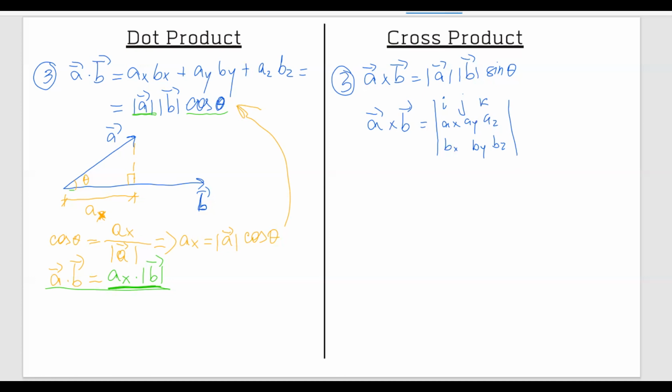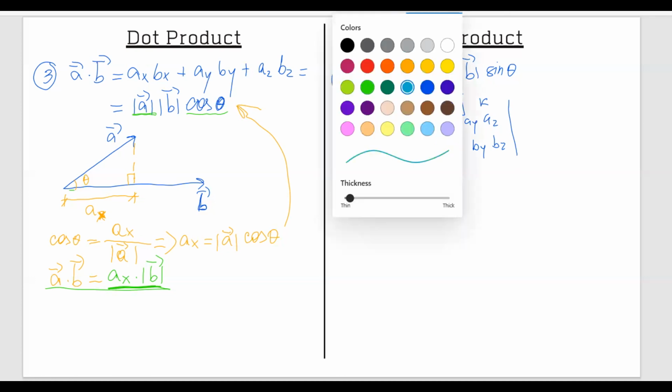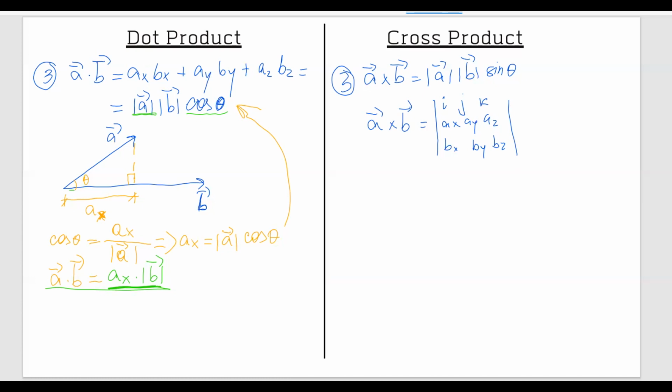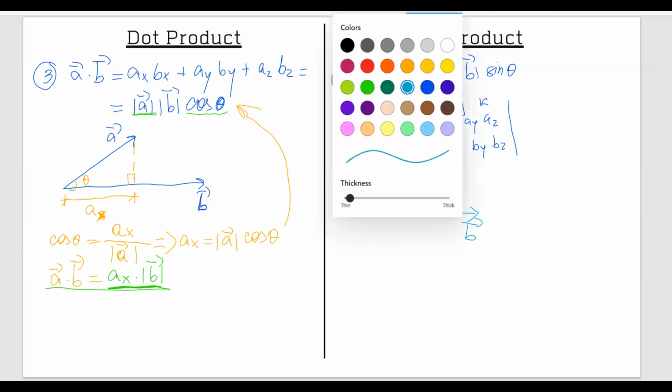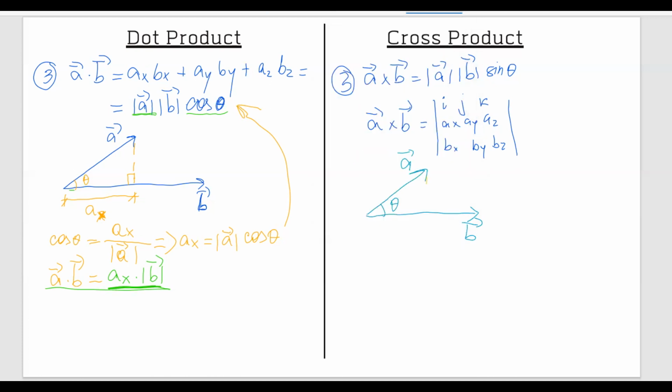If we go to the cross product, we've learned that the cross product is the exact opposite. So let's see how that is. If I'm going to draw the same vectors, A and B, this is the angle theta. And let's say I'm going to draw a perpendicular line to vector B. And let's put this distance here as AY.